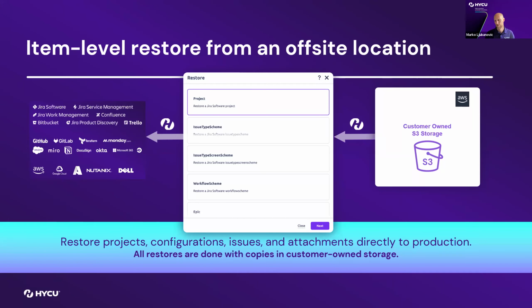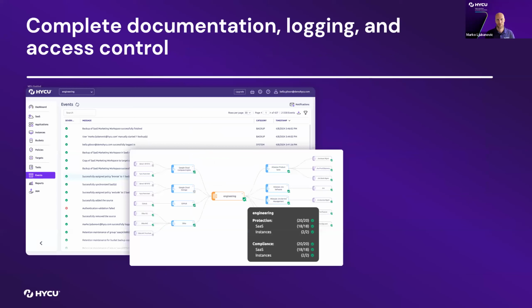If this is Confluence, if you lost a page, if this is Okta, if you lost a user, if this is AWS IAM or KMS, you lost the key, deleted, you can just restore that key, right? So really, this is where HYCU comes in to provide restores of configurations, of attachments, of granularity back into the SaaS application, and all done from your storage.